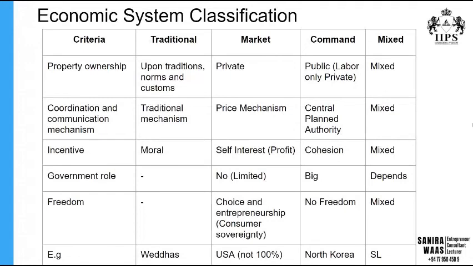Then the command economy is North Korea, which is obvious. And for a mixed economy, most countries like Sri Lanka and India are in mixed economic systems. So this is a one-page classification and differentiation among the different kinds of economic systems.